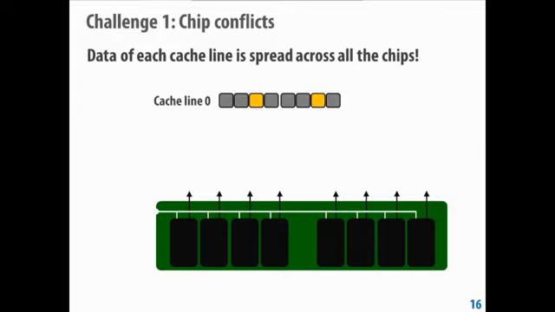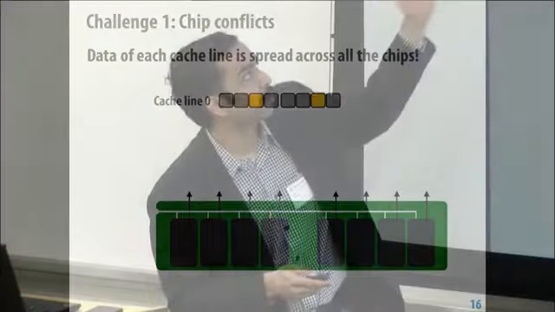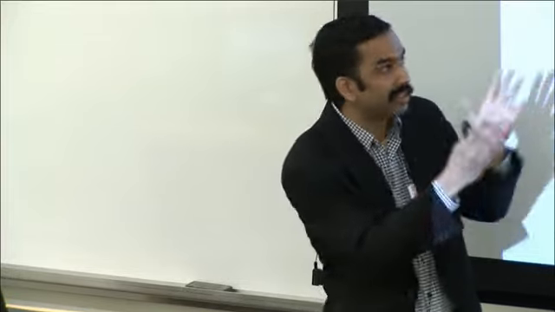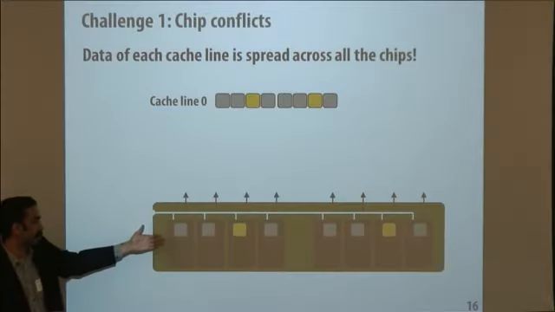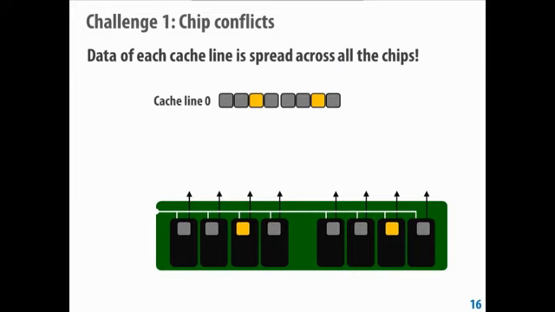The first challenge is what we call chip conflicts, and this is very specific to power of 2 strides. Like I mentioned before, the data of each cache line is spread across all the chips. So let's look at the first cache line. A simple scheme that the memory controller may use could be to map the first 8 bytes to the first chip, the second 8 bytes to the second chip, and the last 8 bytes to the last chip.